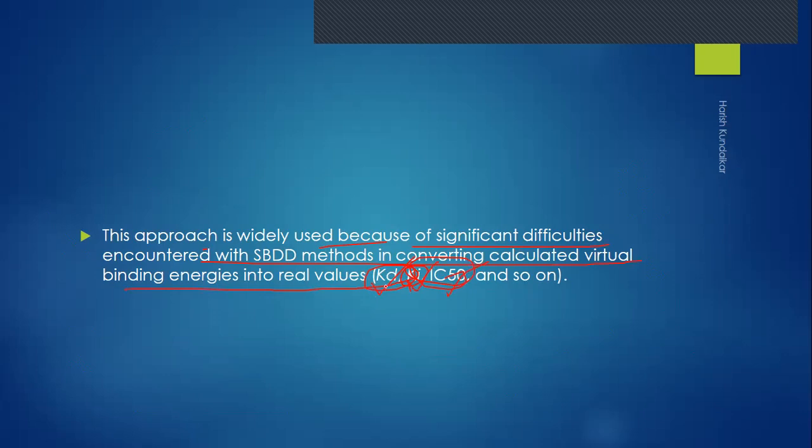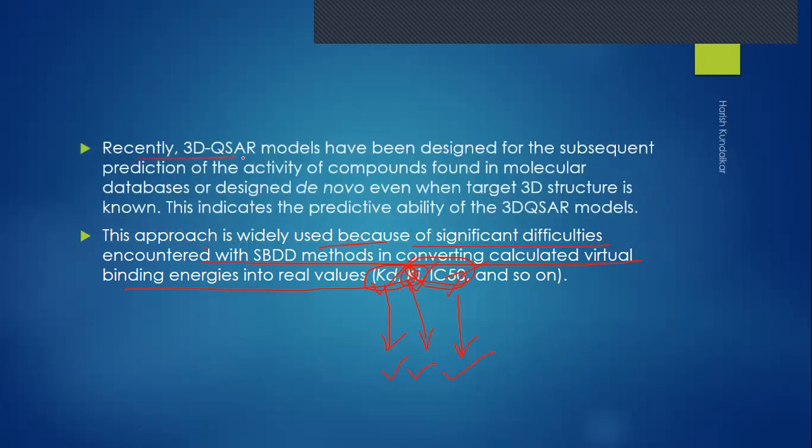With QSAR, we can calculate the binding affinity in terms of KD, KI or IC50 values. That is the reason why recently 3D QSAR models have been designed for the subsequent prediction of activity of compounds found in molecular databases or designed de novo, even when the target 3D structure is known.